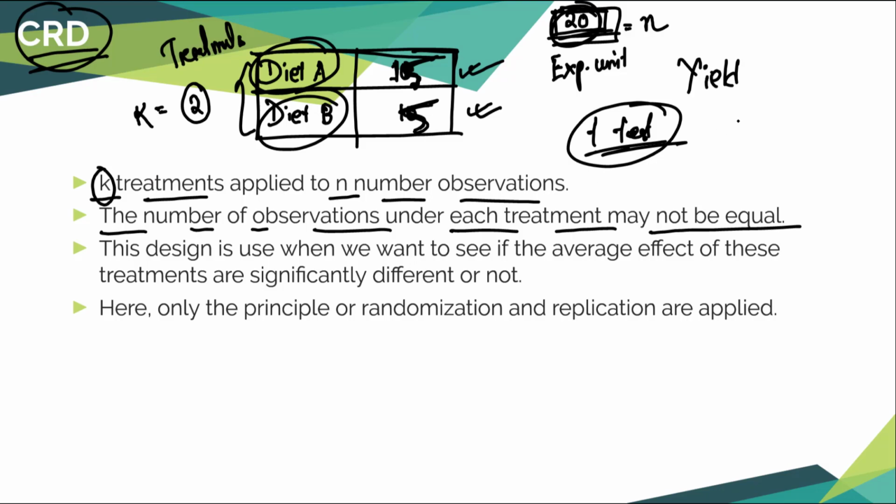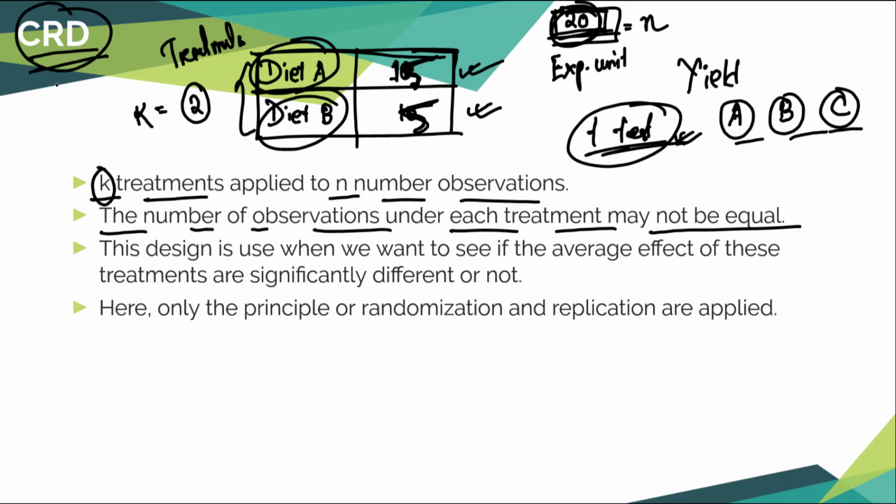But what happens if you have 3 groups? That means diet A, diet B and diet C. In such a case, if you have 3 groups and you want to simultaneously compare the average gain by these 3 different types of diets, then you cannot use the independent sample t-test, right?